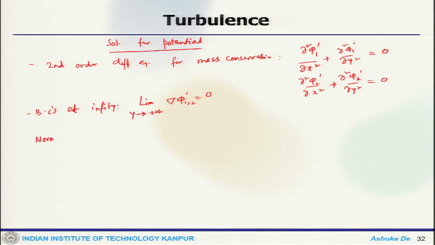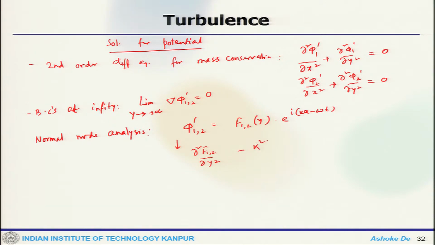Now, we have normal mode analysis, that means phi prime 1, 2 would be f 1, 2 of y times e to the power i (k x minus omega t). So, that is how. Now, this equation reduces to del 2 f 1, 2 by del y 2 minus k square f 1, 2 equals to 0.